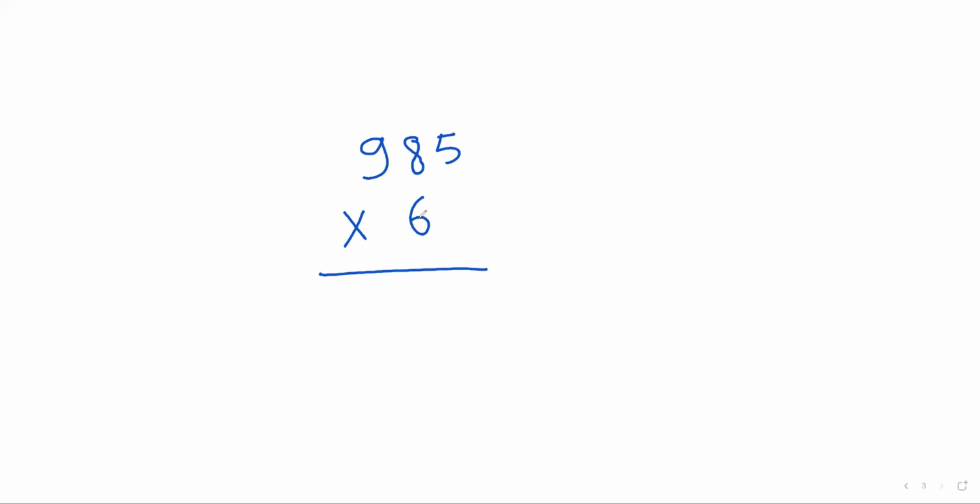Multiply 5 by 6. 5 6s are 30. Write this last digit, 0, here and take the other number as carry and write it above the next number.